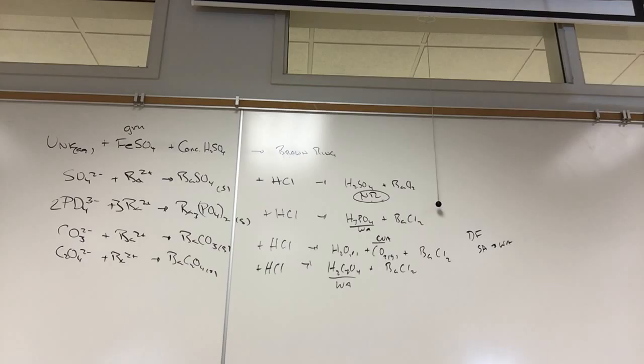So if you're careful about this, you want 2 layers: a dense layer at the bottom, which is concentrated H2SO4, and then an aqueous phase, a less dense phase. At the interface between the aqueous phase and the concentrated H2SO4, you should see a brown ring. And that would be the positive test for this.